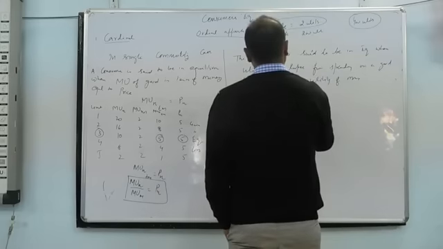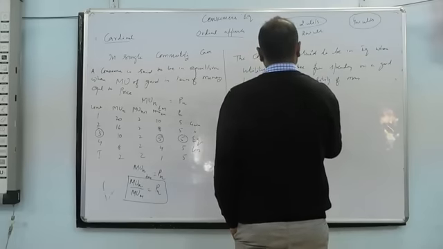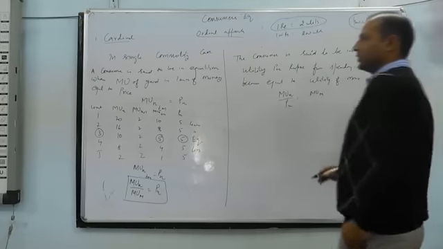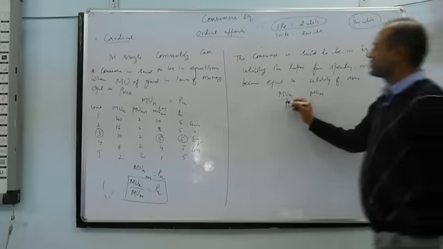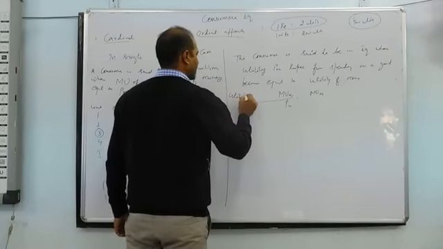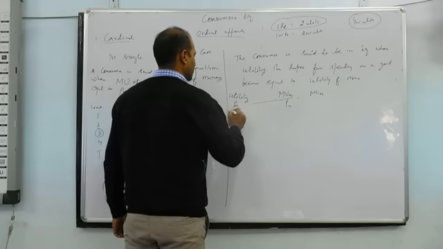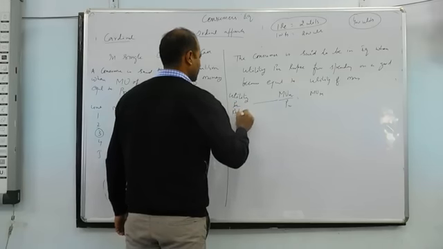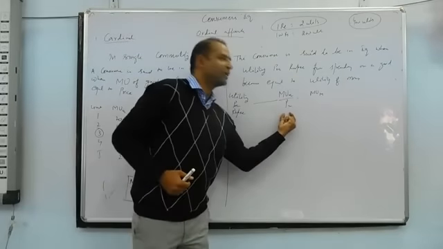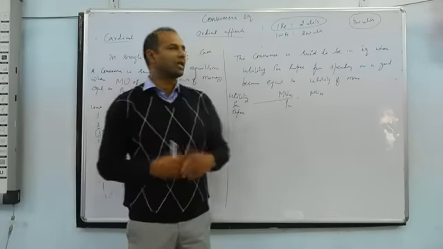That is, MUX upon PX is equal to MUM. This is what? This is utility per rupee. He will spend till this utility per rupee becomes equal to utility of money. How?